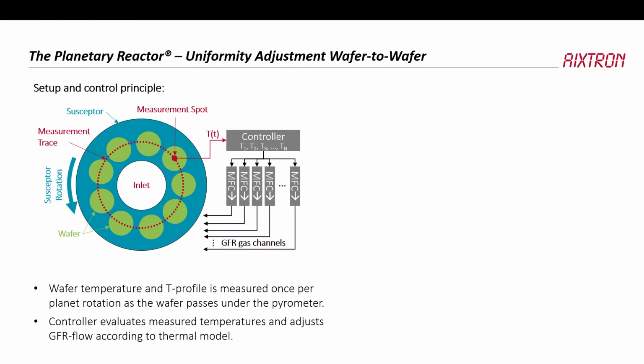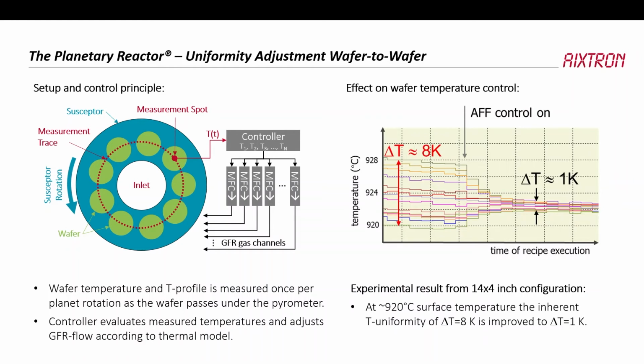The controller can then change the MFCs, the mass flow controllers, to the gas flow rotation gas channels, and can now lift up or lower the wafers in their pockets accordingly. And this is what comes out. So this is an example. At the outset, when all rotation channels had the same gas, we were about 8 Kelvin in difference. Here at this target temperature around about 920.